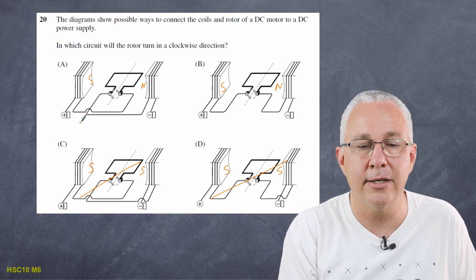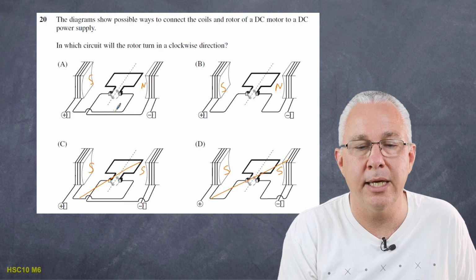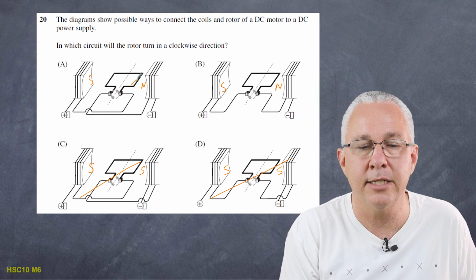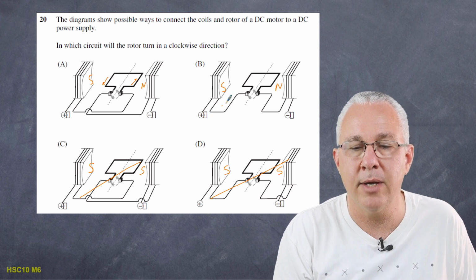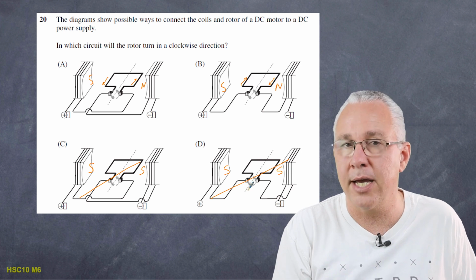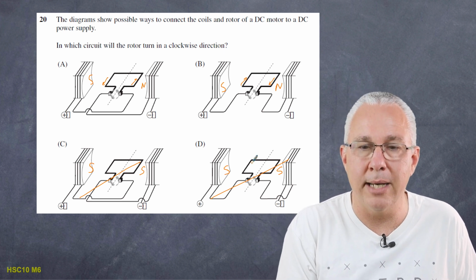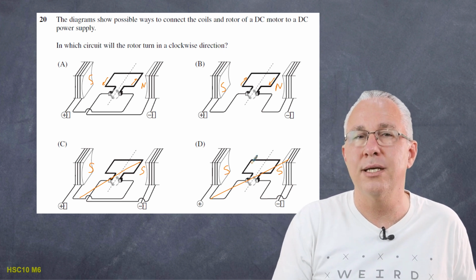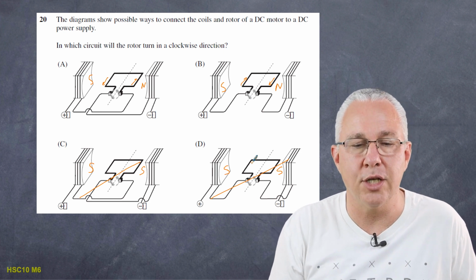So now let's have a look what's happening in the coils here. We have a current in this case coming here, and it's going in that direction and that direction for this guy, and in this case we have the current going in that direction and that direction for that guy. But now automatically we have enough information to work out which way each is going to turn.